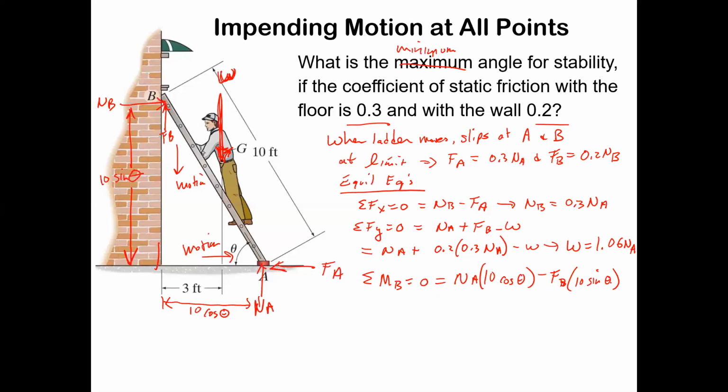Nope, let me see. It's actually FA minus FA times 10 sine of theta. And then there's this W, which is going to be minus W times 3. And I'm going to try to squeeze it in there.